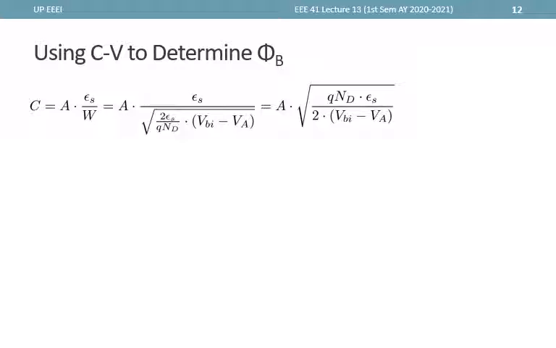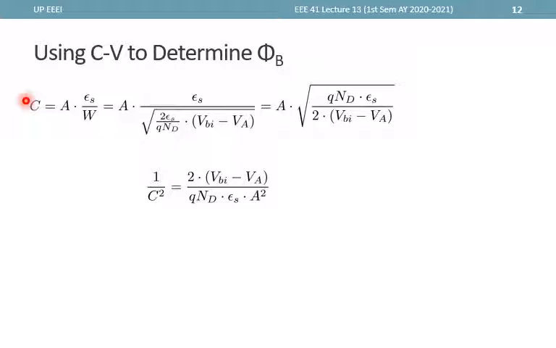Since the charge is displaced by a distance W, we can model the small signal capacitance as a parallel plate capacitance, using epsilon A over d, or epsilon A over W. So here we substitute the expression for W, given that we apply a voltage at our N-type MS junction. So we get this expression to be equal to the capacitance of the Schottky diode.